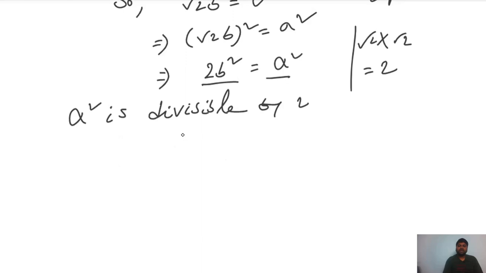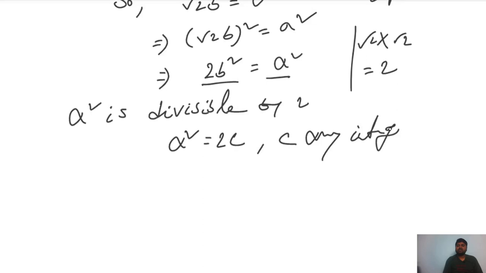We take, suppose, a square equal to 2c, where c is any integer not equal to 0. So we also write a square equal to 2c.